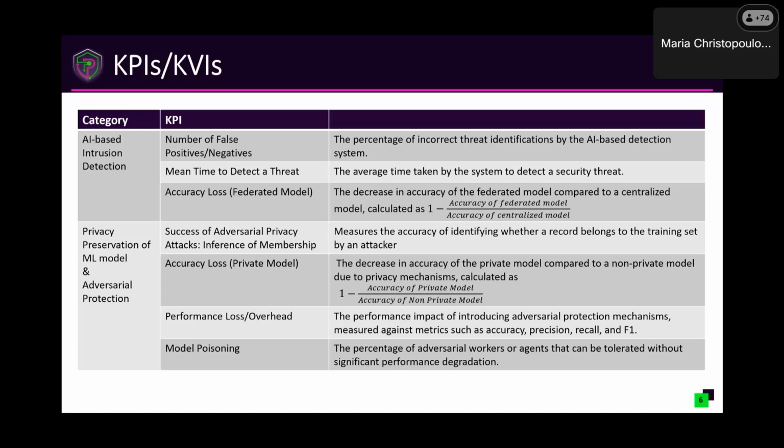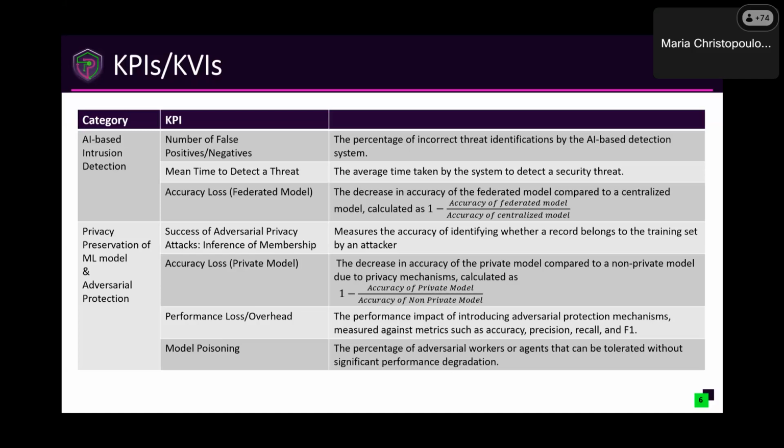So since we add noise to protect privacy, naturally this leads to a decrease in the accuracy, let's say, of the data. That's why you can see here the accuracy loss in our KPIs. And after this, another fundamental aspect of privacy in machine learning is protecting the individuals whose data was used to train the model.